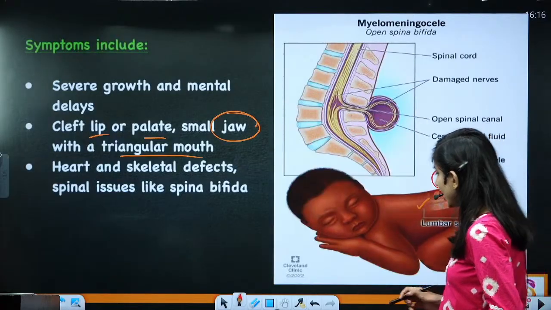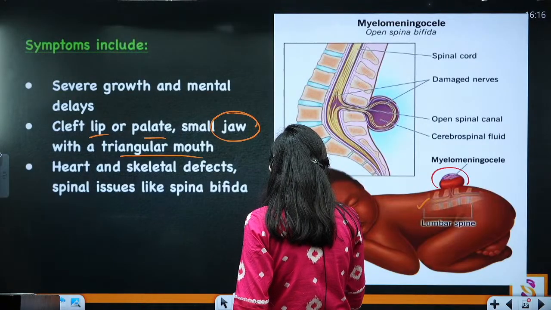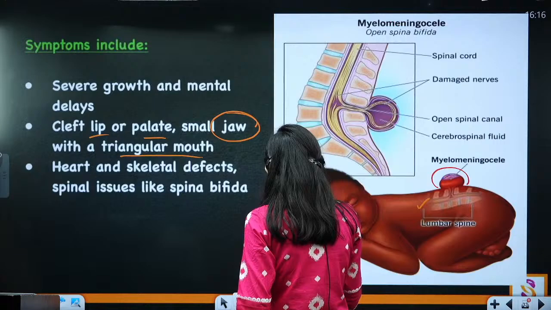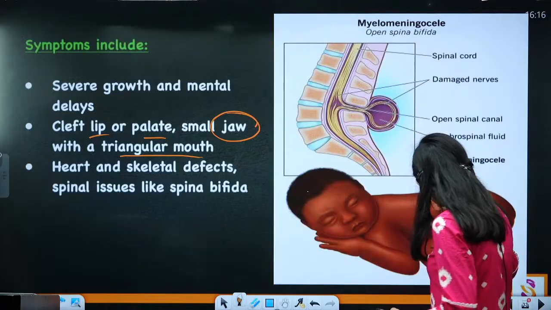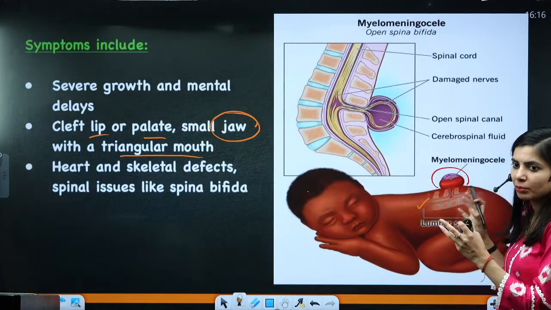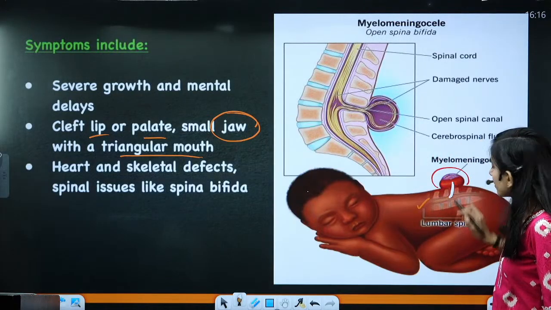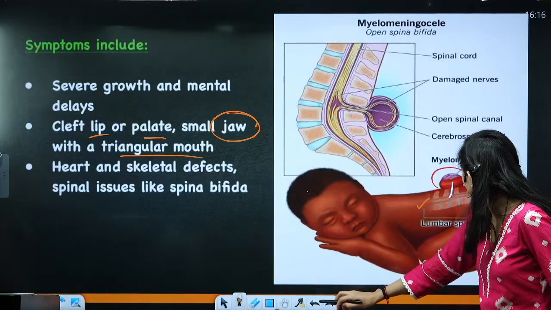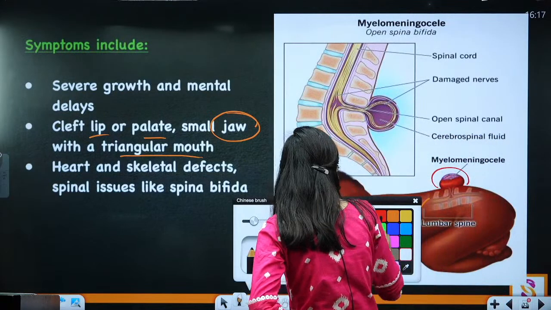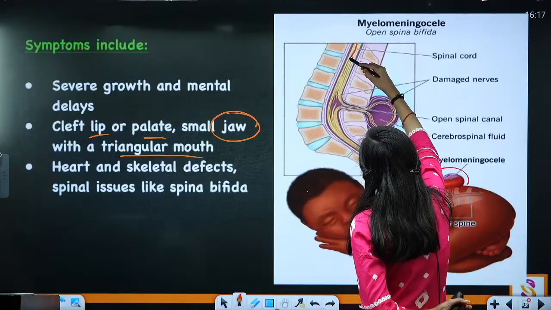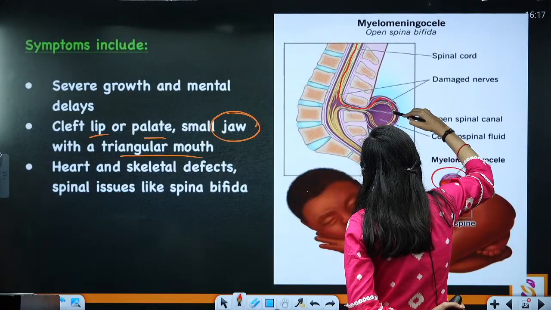Imagine a child having this structure. It would be so difficult for that child to survive. As that child gets older, the size of this tumor also increases. Why? Because nerves and fluid are being deposited here. Surgically also we cannot remove it. Reason? Here, could you see the spine, and the spinal fluid or spinal nerves are being deposited here.